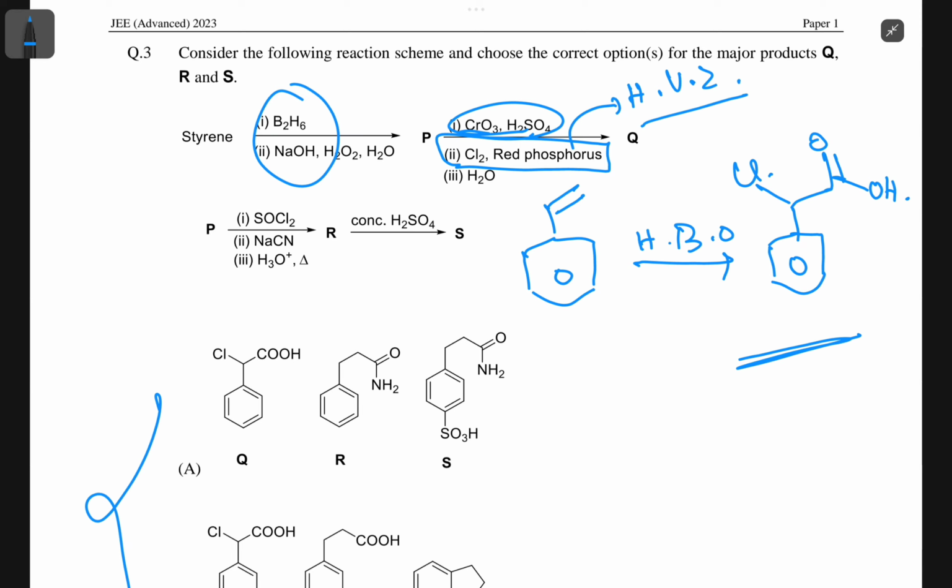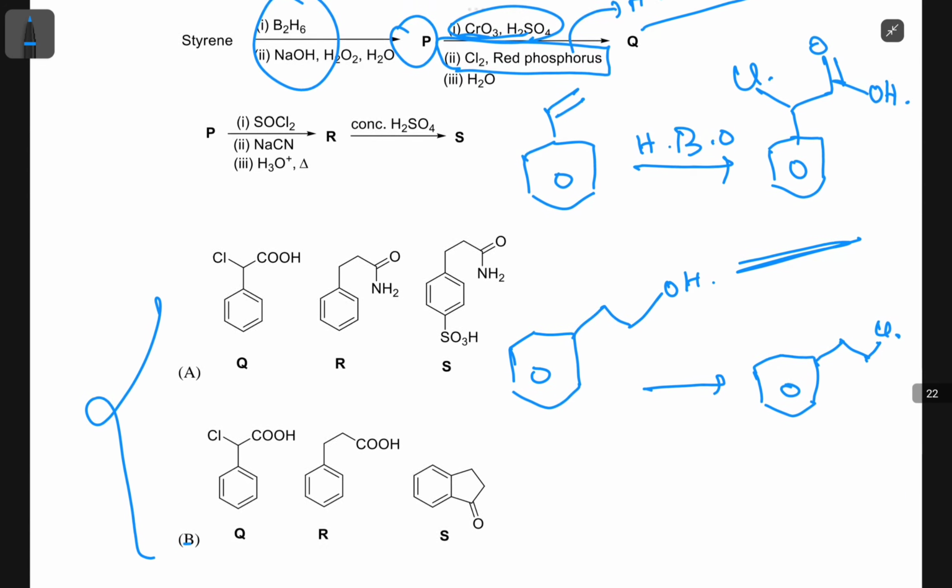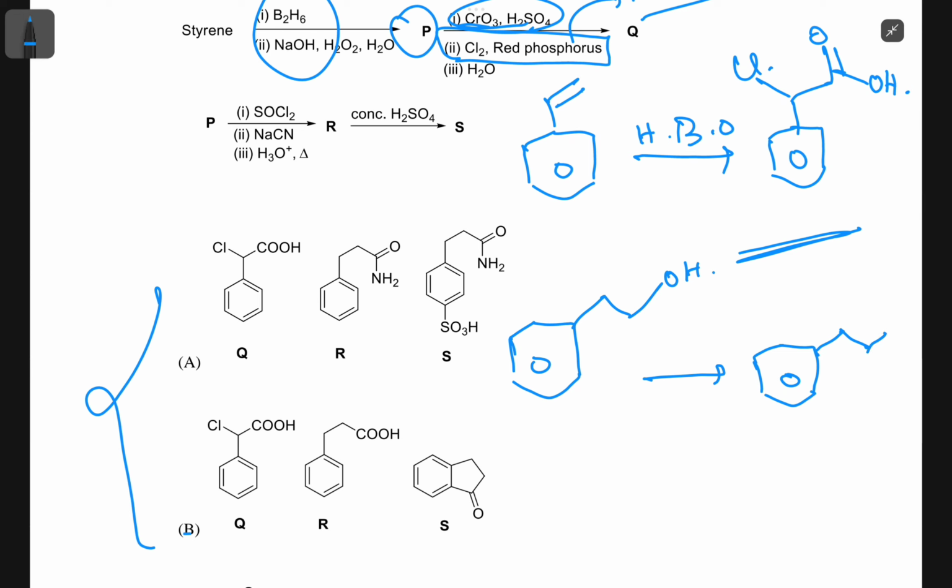Okay, so now P was this compound, something like this, right? So now we have SOCl2, so I would have this, and then NaCN, this, and then you don't even need to write it as steps.